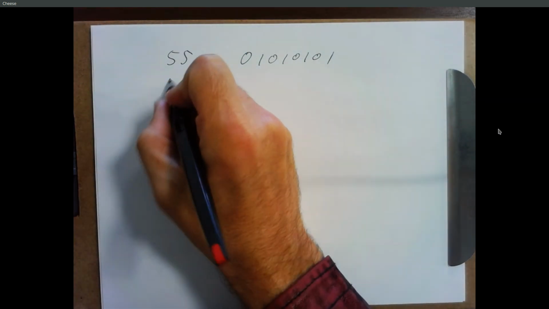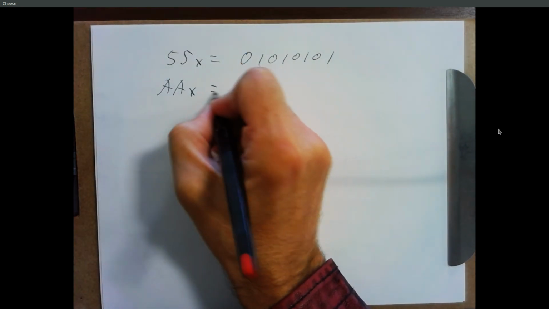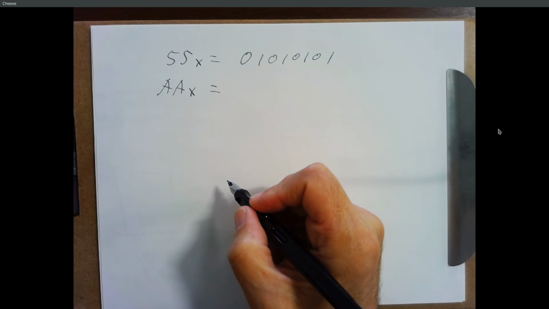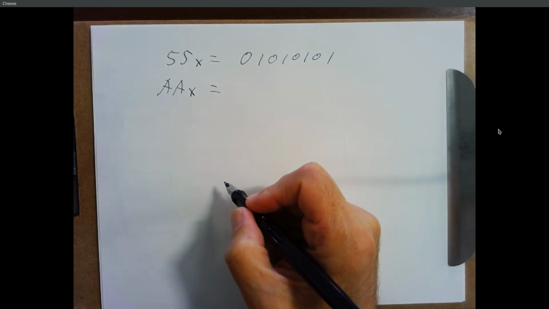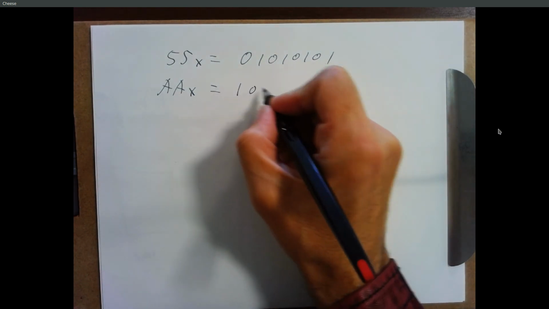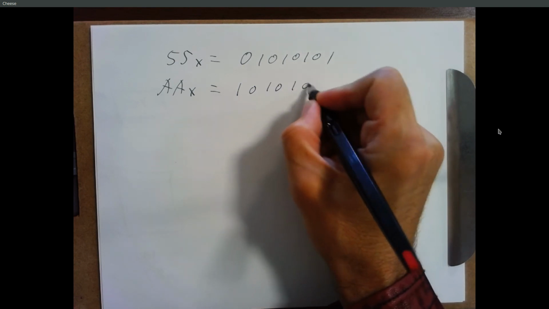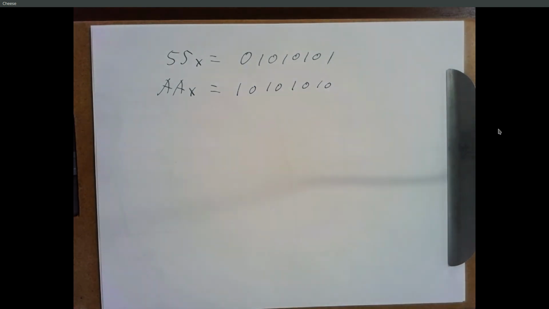Good. What about AA? 1, 0, 1, 0, 1, 0, 1, 0. What the heck? Yeah, that's what I thought. Which makes sense because A plus 5 is F. So if you add these, you get FF, which would be all ones.